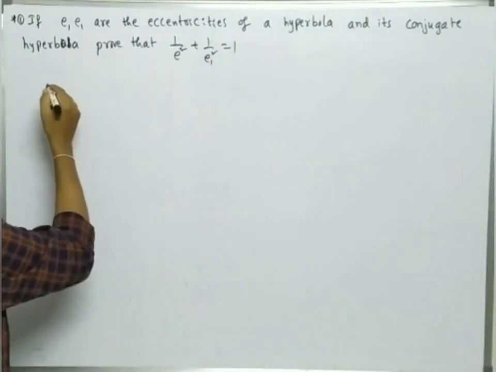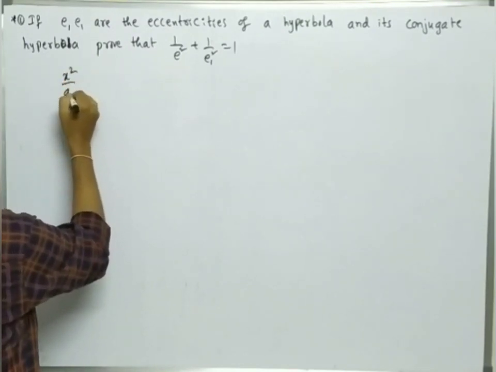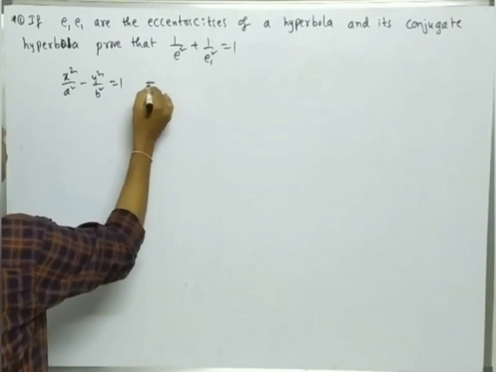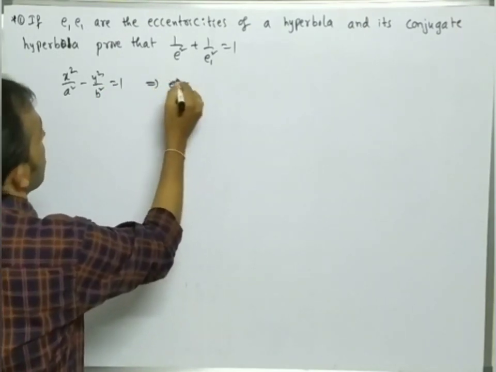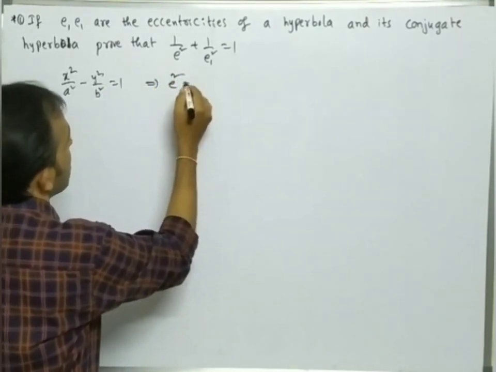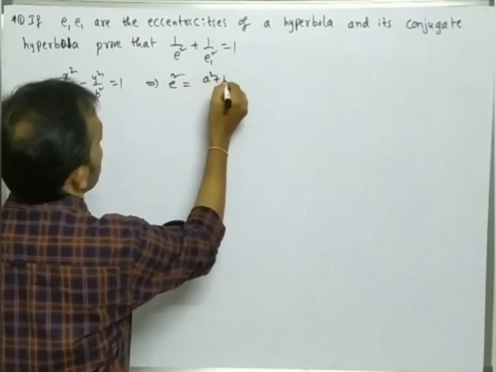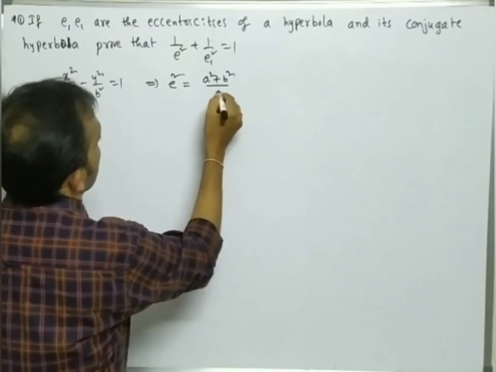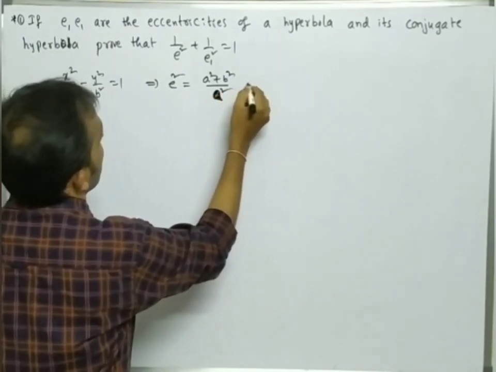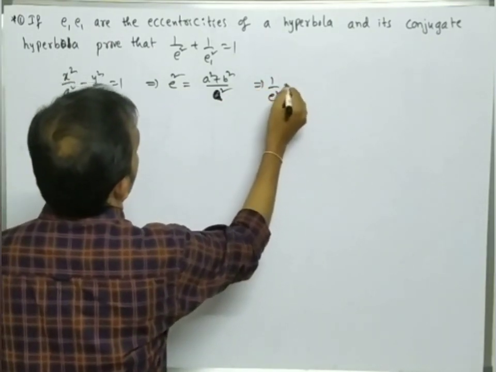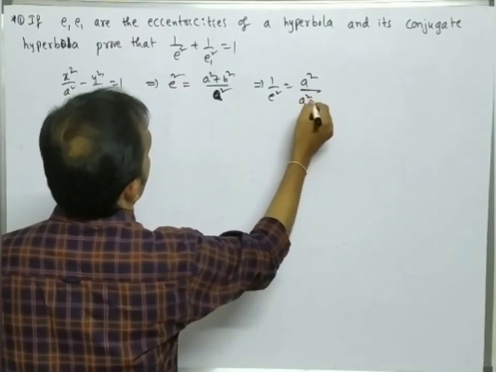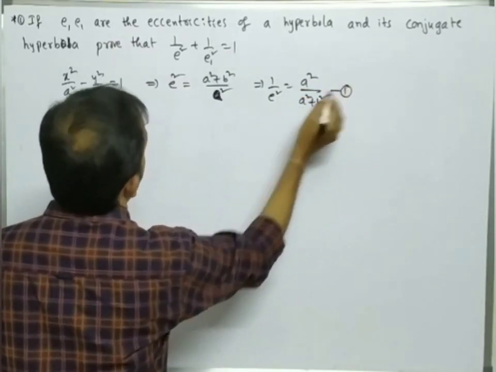Okay, so a simple problem. Let x²/a² - y²/b² = 1 be the hyperbola. Then the eccentricity of this hyperbola is e² = (a² + b²)/a². So this implies 1/e² is, reciprocating, a²/(a² + b²), equation number 1.